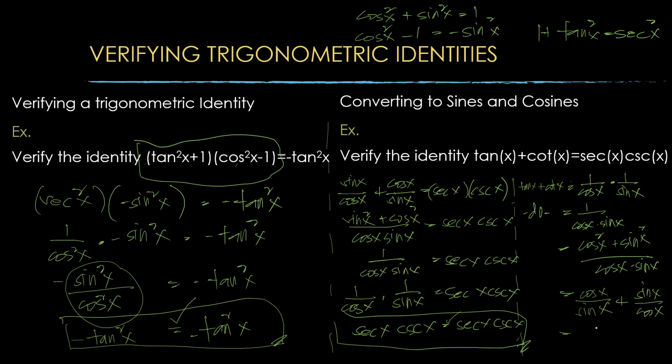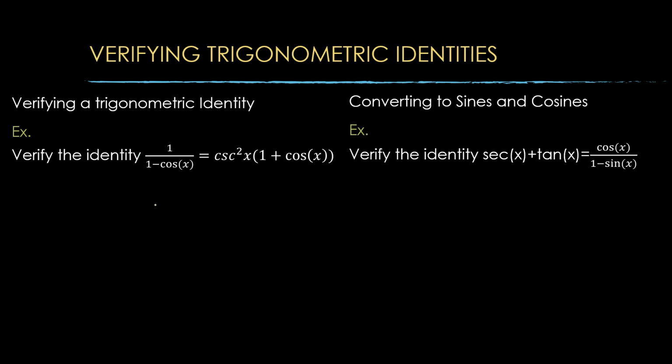Since this is cotangent plus tangent, these are basically the same, tangent and cotangent. Okay? You can start anywhere you want. Again, as I've said earlier, there is no one single solution. It depends on how you do it.